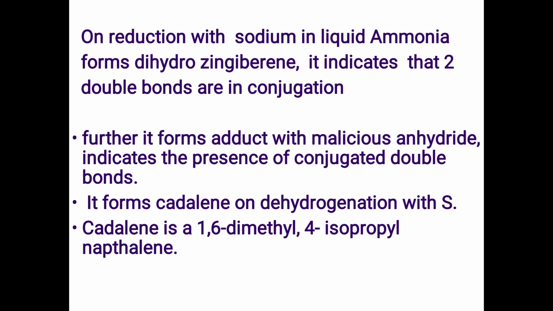It forms cadalene on dehydrogenation with sulfur. Zingiberene is a completely hydrocarbon compound, and on treatment with sulfur it undergoes dehydrogenation to form cadalene. This cadalene was a known compound at that time.